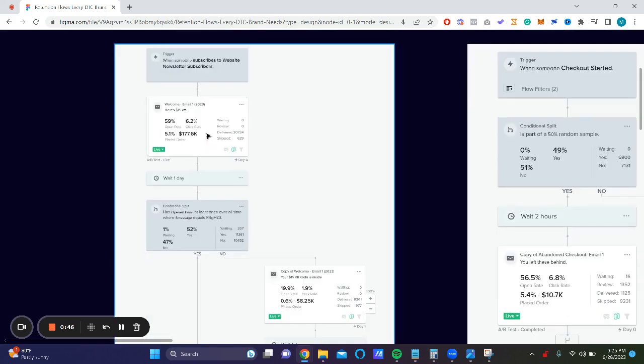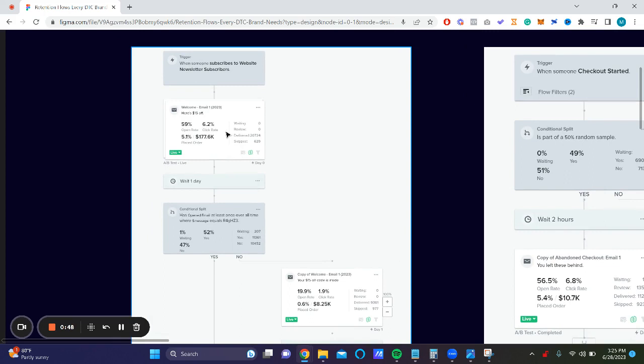And what ends up happening is people opt into your list, and now you're super forgettable. You get lost in the chaos of their inbox, and you never really make an impression on them, and you never really make that much money. So what you want to do is, number one, prove that your brand has high quality emails.